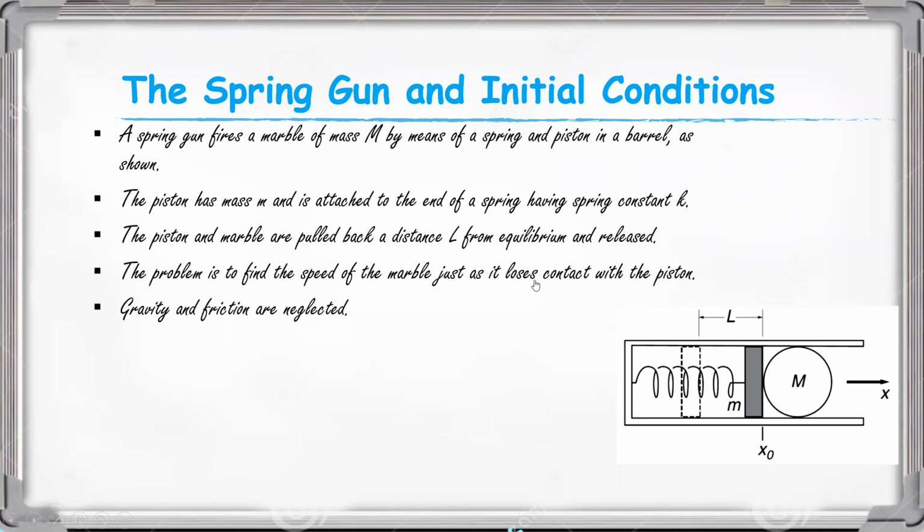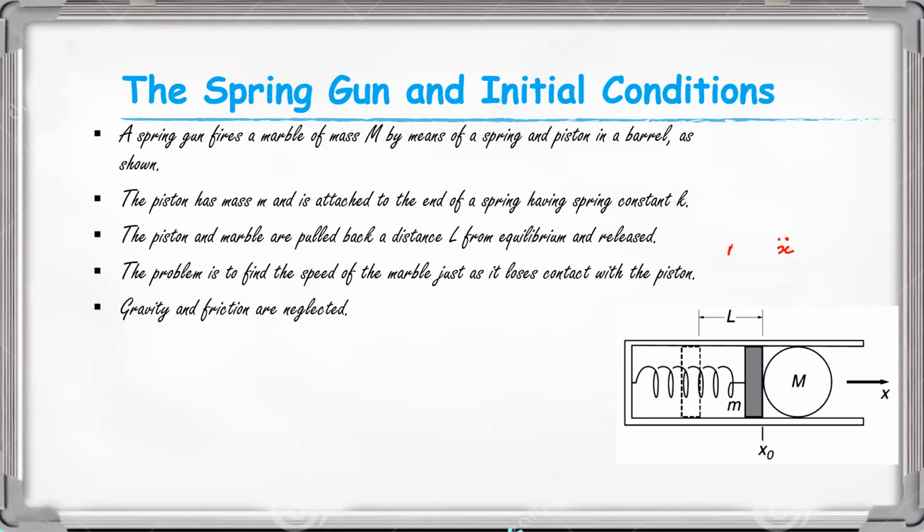Before losing contact, the combined system has a mass of m plus M. Before detaching, the total mass is m plus M, and if we take the position of the marble as x, the acceleration is x double dot.